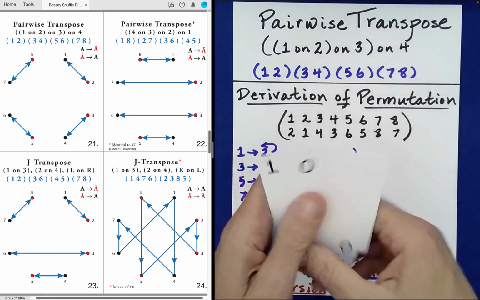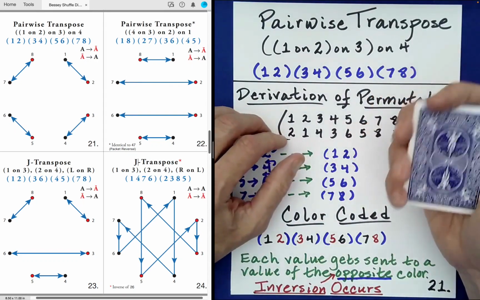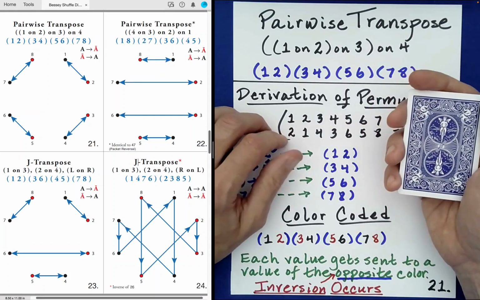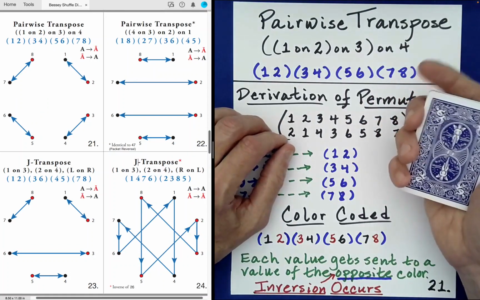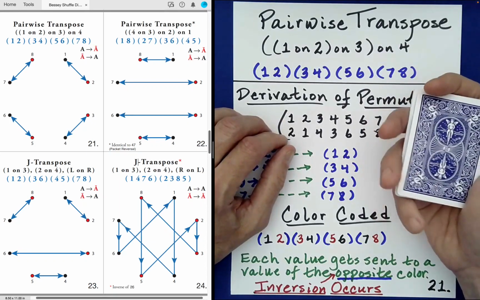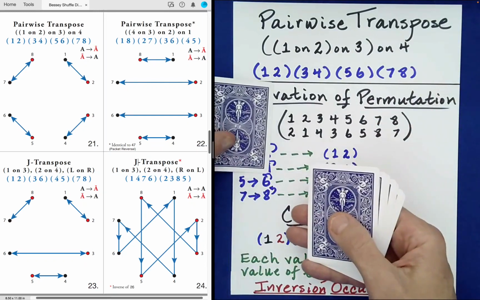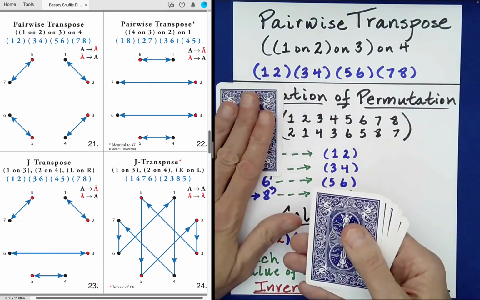So let's go ahead and perform the pairwise transpose in the way that I would normally perform it. The first time I showed you, I did it in hand, which can be a little awkward. So the pairwise transpose that I actually showed you just a moment ago can be accomplished as follows. You deal out one card into one pile and then a second card into that first pile.